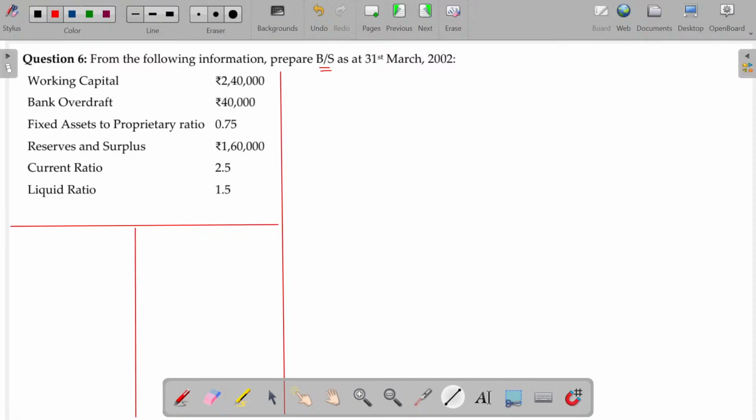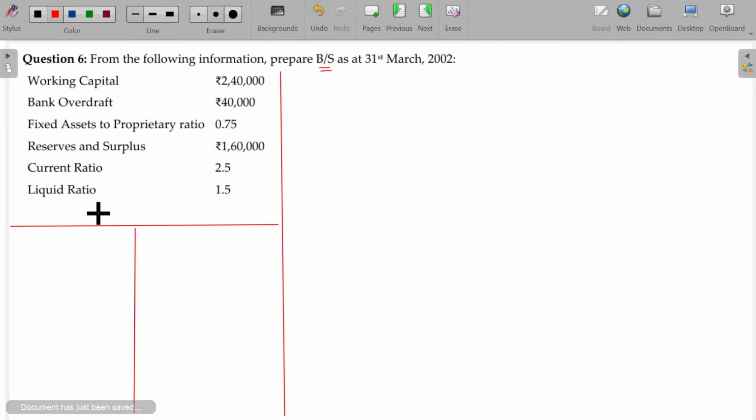I am going to prepare the balance sheet here. Balance sheet. So here we have been given working capital as well as bank overdraft. Then liquid liability will be available here. Fixed assets to proprietary ratio, reserves and surplus, current ratio as well as liquid ratio, all are given.